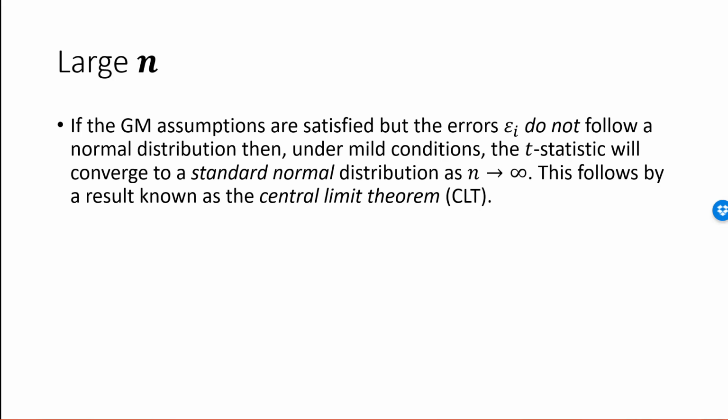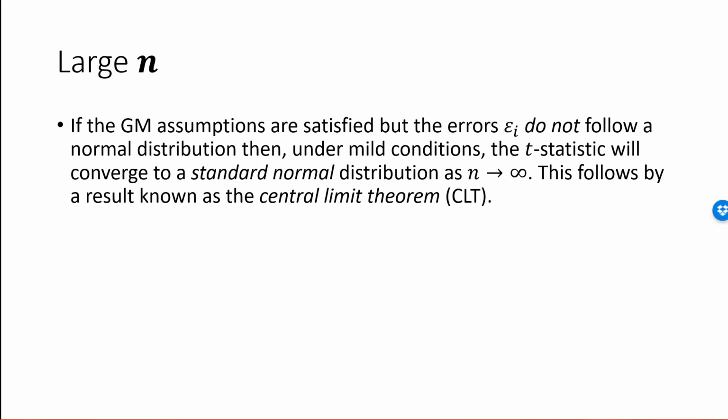Because what this means in practice is that even when the errors are not normal, our t-statistic is very close to following a t-distribution. So everything we have said so far is almost correct. The level of significance might not be precisely 5%, but it will be very close to 5%.